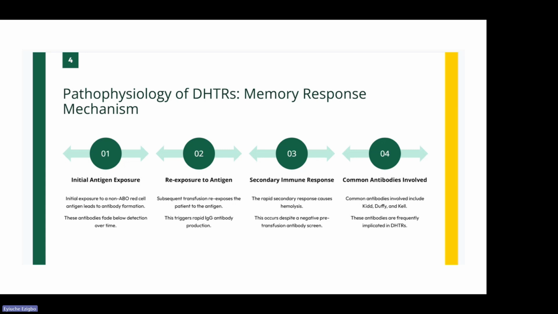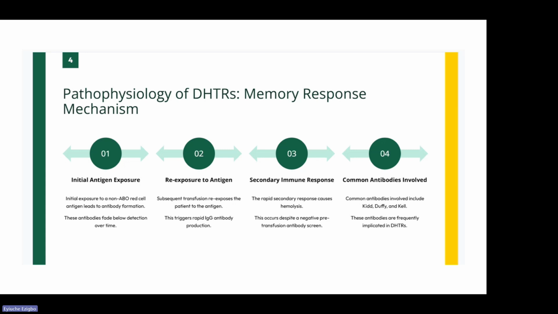This occurs despite a negative pre-transfusion antibody screen. Okay, because we said initially we assume the patient had been exposed to that antigen, then the patient comes for blood transfusion, but because the level of those antibodies is low or they have faded below detection, we may not be able to detect them. But in transfusion, we are able to observe what?